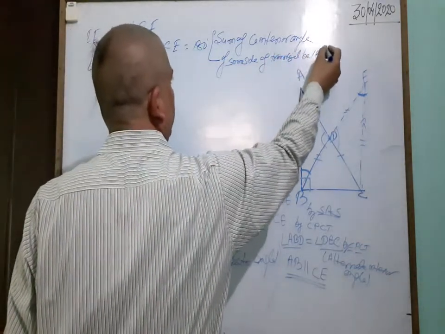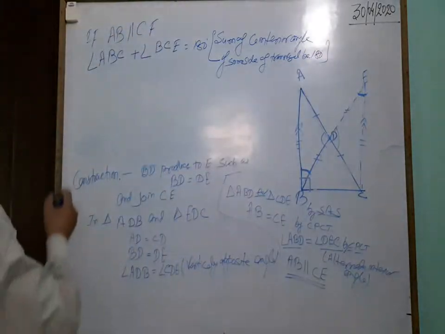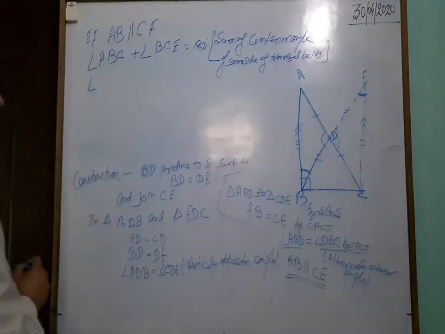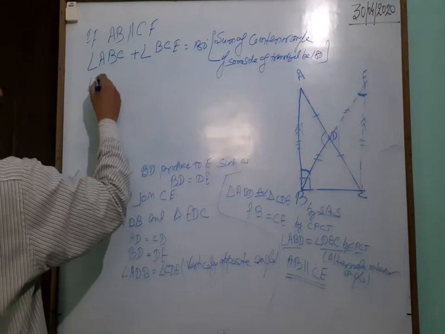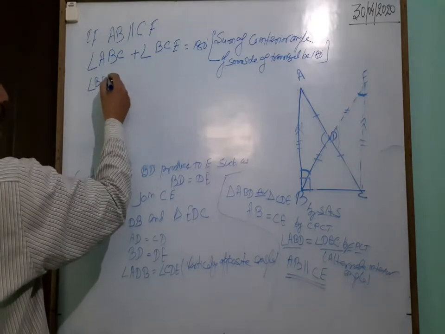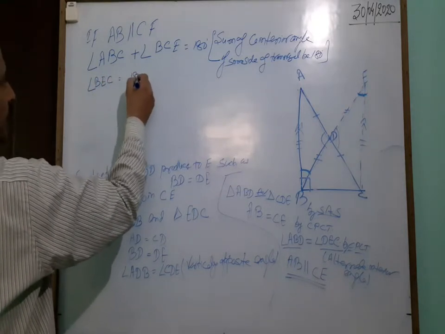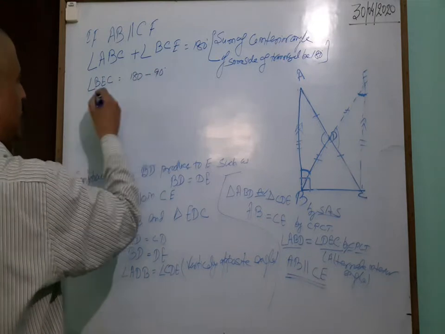Then angle BEC is equal to 180 degrees minus 90 degrees. So angle BEC is equal to 90 degrees.